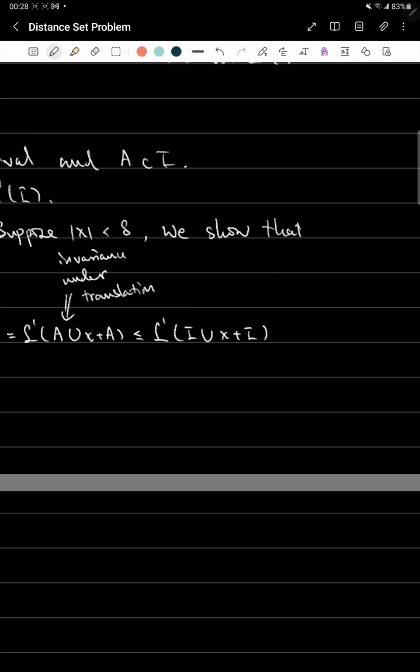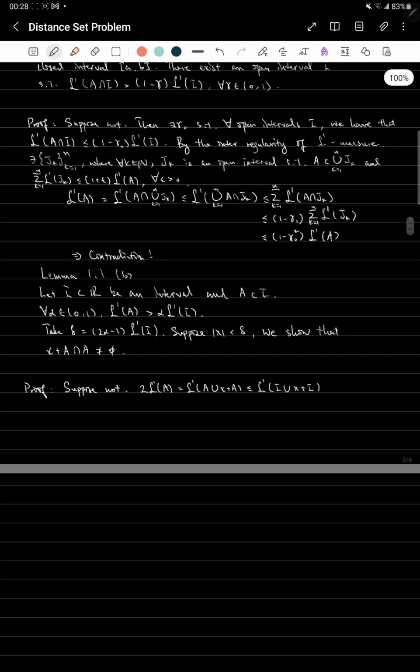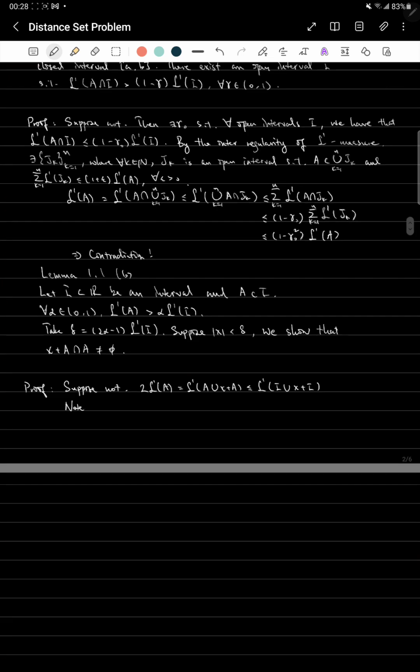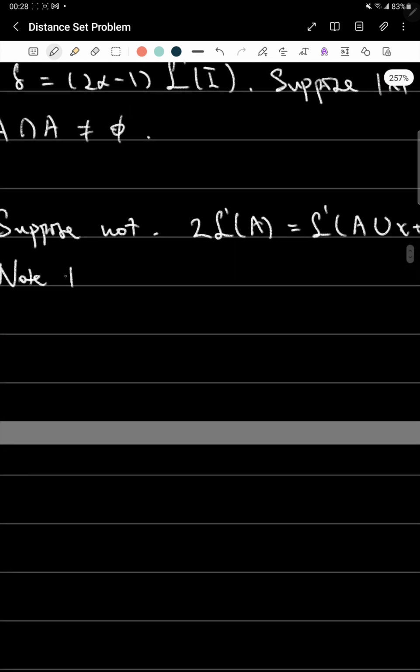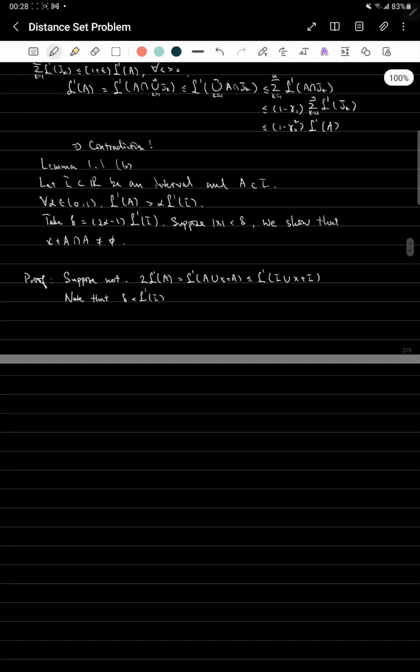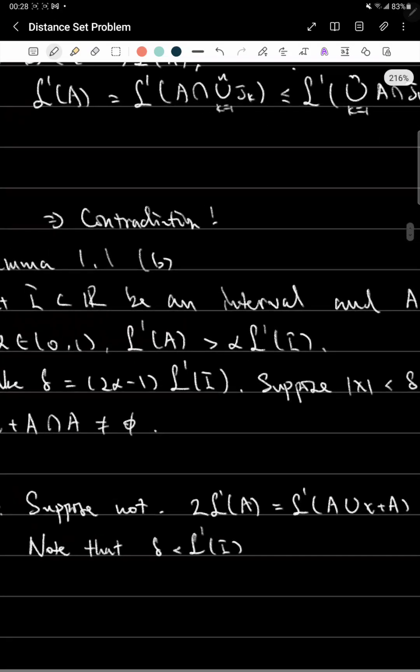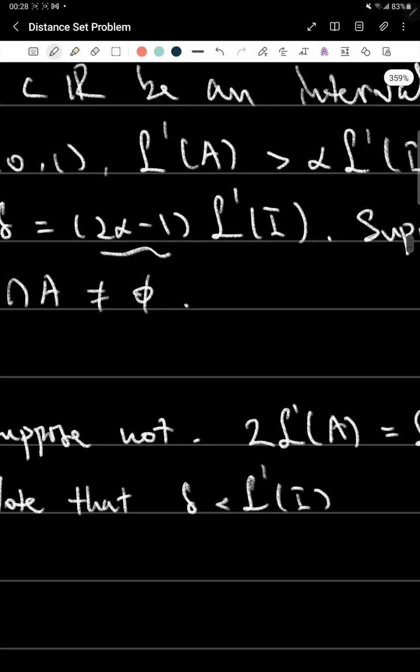Okay, so let's remove all these. And we note the following facts. Firstly, delta is smaller than the Lebesgue measure of I, as you could see, since this thing should be smaller than 1.